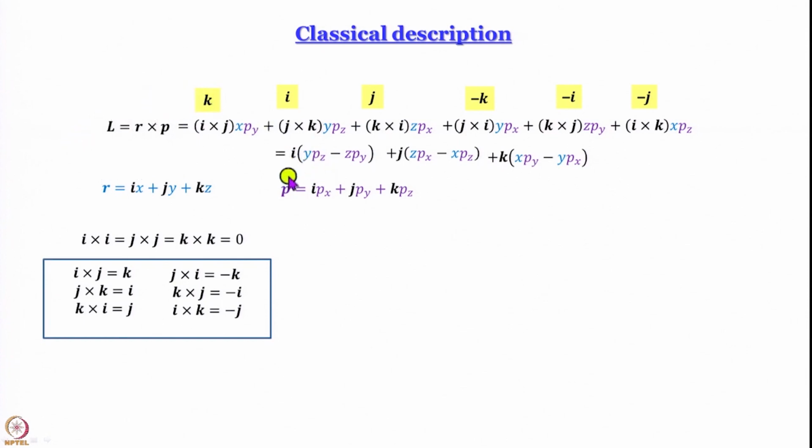So, obviously whatever is multiplying i is the x component of angular momentum, whatever is multiplying j is the y component of angular momentum, whatever is multiplying k is the z component of angular momentum. So, we can write Lx is equal to ypz minus zpy, very nice, right, ypz minus zpy, and what is that equal to? Lx.